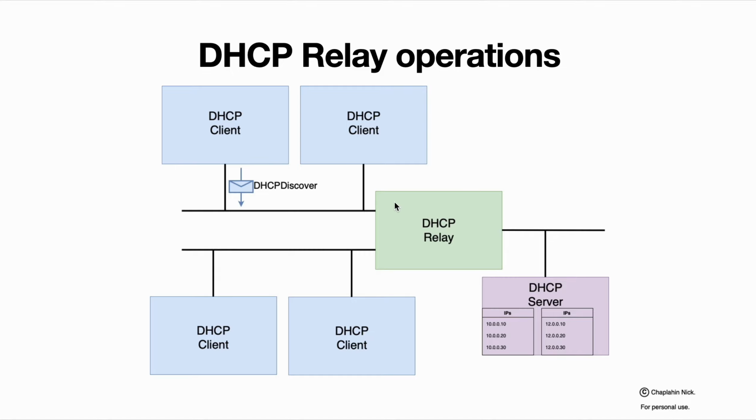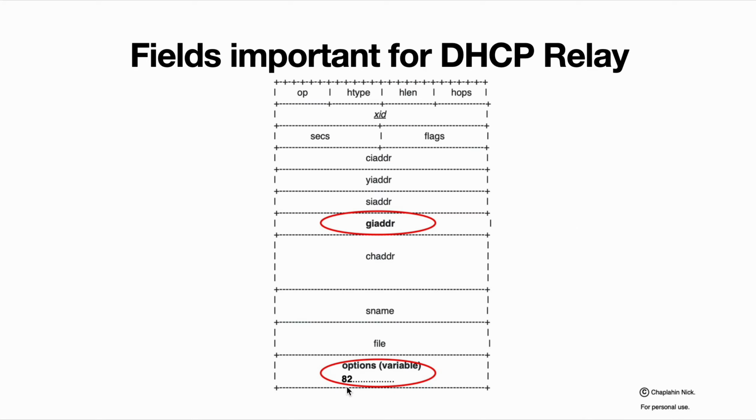So how does it work? The DHCP client sends a DHCP discover in the LAN. Every device in the LAN receives the DHCP discover, including the DHCP relay. The relay receives this packet, processes it, and sends it to the server from the DHCP relay, but in the name of its client. How is this implemented? It's implemented by an additional option in the DHCP packet, option 82.